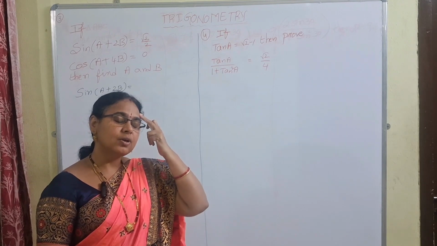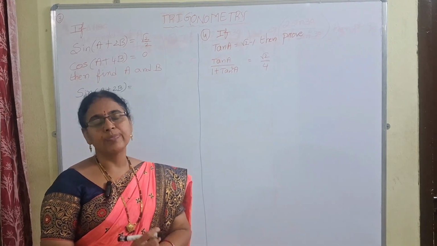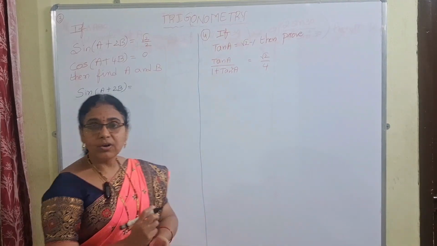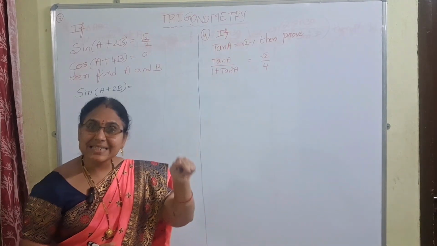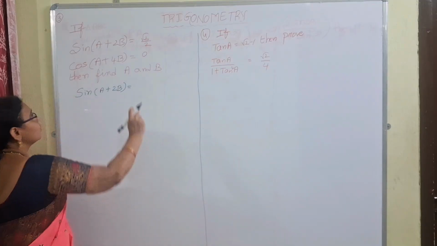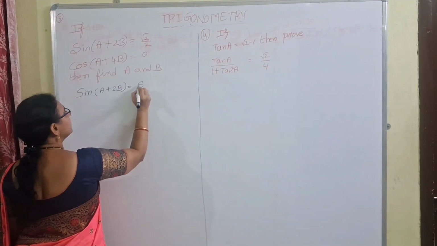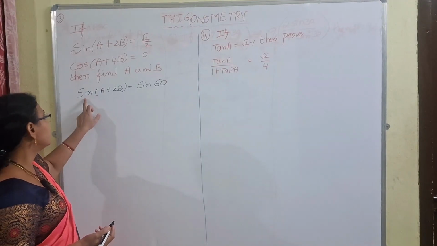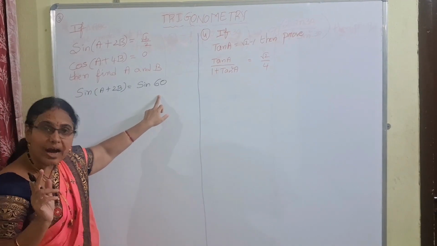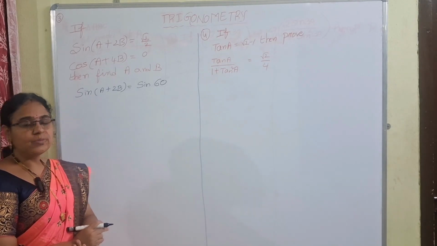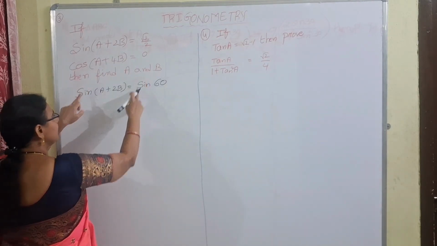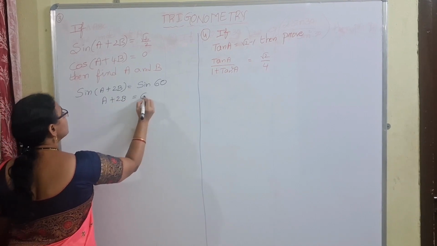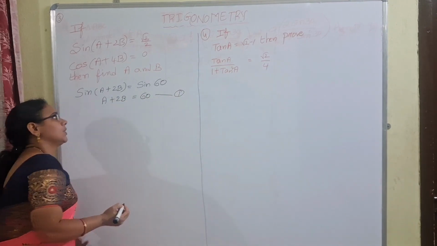Immediately you have to recall the trigonometric table: sin 0 is 0, sin 30 is 1 by 2, sin 45 is 1 by root 2, sin 60 is root 3 by 2. So root 3 by 2 you write as sin 60. Since sin is on this side, write sin on the other side too. Then a plus 2b is equal to 60. It is the first equation.